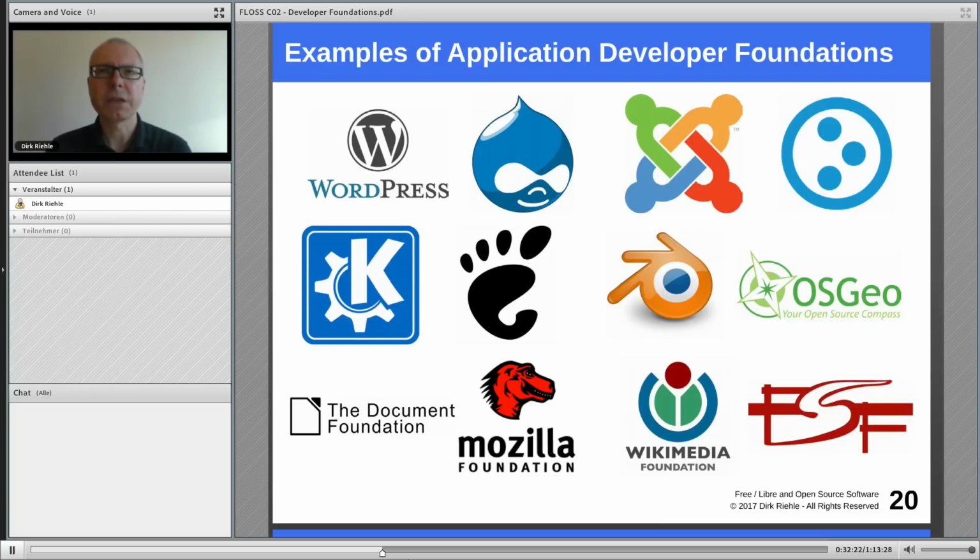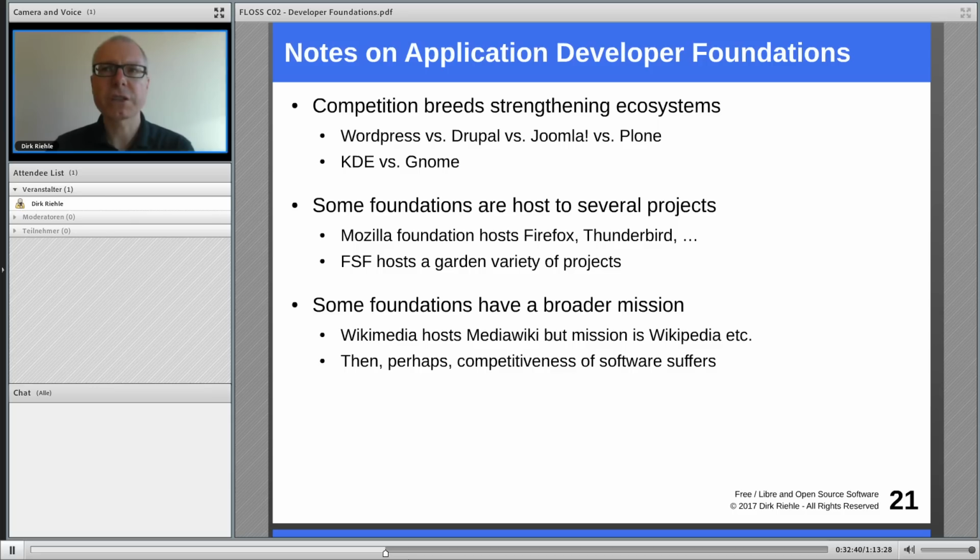And there are even foundations where the software is just a side effect, like the Wikimedia Foundation is basically host to the MediaWiki software which operates the Wikimedia Foundation projects.